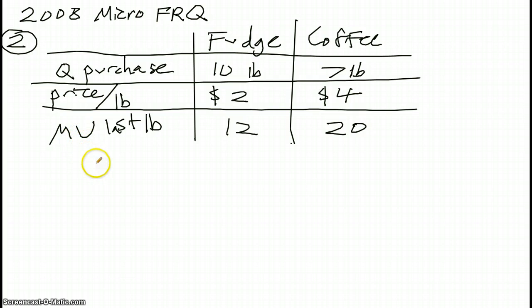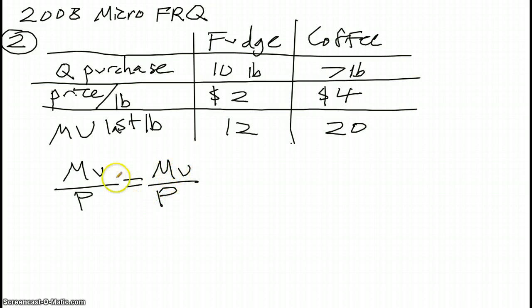To do this, you need to use marginal utility and the equation where MU over P equals MU over P for fudge and coffee. For fudge, you have 12 marginal utility per pound for the last pound, or $2 for that pound.